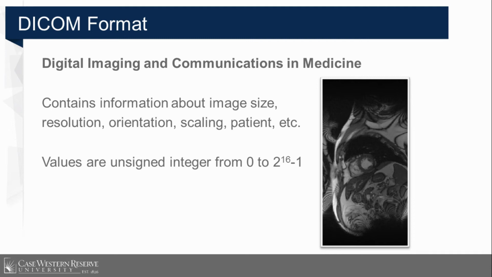So for instance, this is a double oblique image going through all three of the patient axes, and we need to know exactly how we've oriented this image so that we can understand what we're looking at exactly. It will also contain information about any scaling we've done in order to make features of the image a little bit more visible.